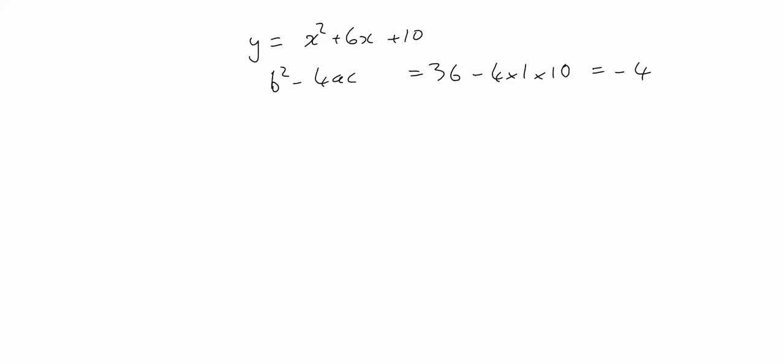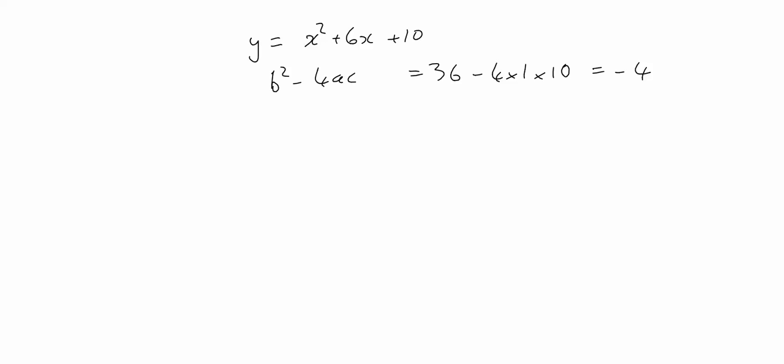And as you will have learnt, when the discriminant is negative, then the quadratic equation, x squared plus 6x plus 10 equals 0, has no solutions. So in this case, this function won't cross the x-axis. There won't be any intercepts.